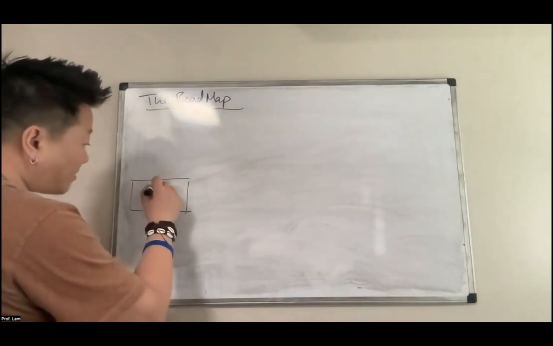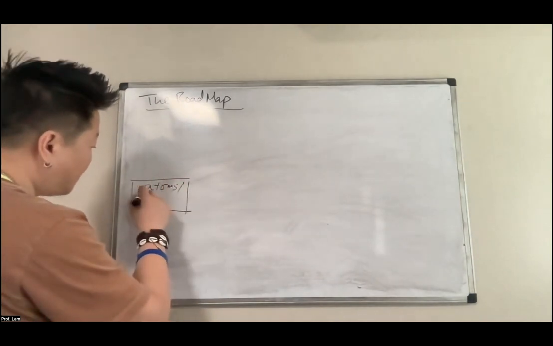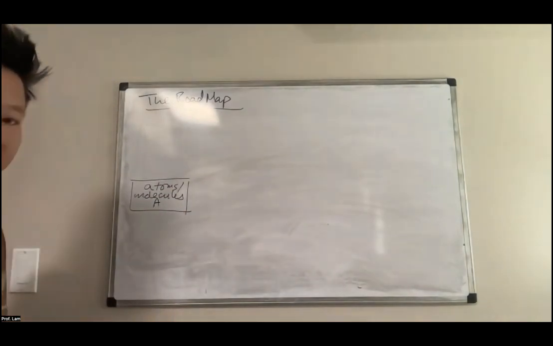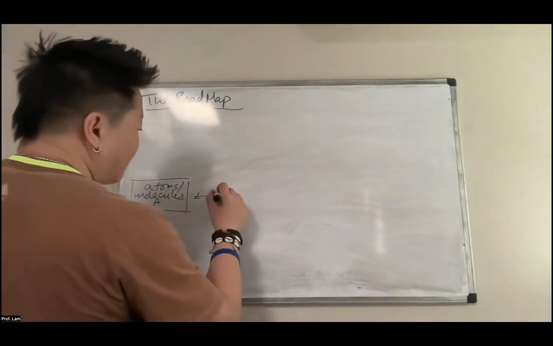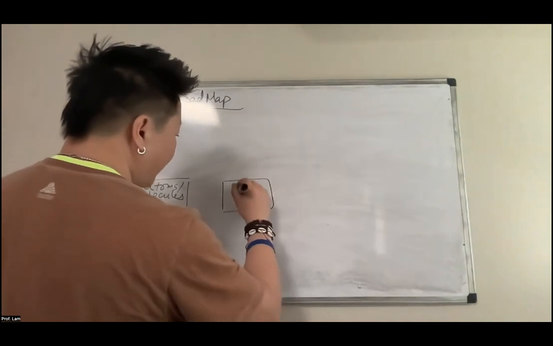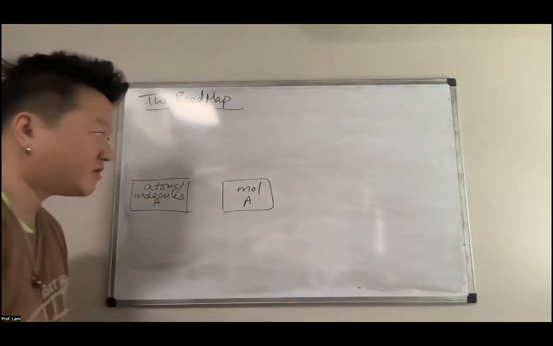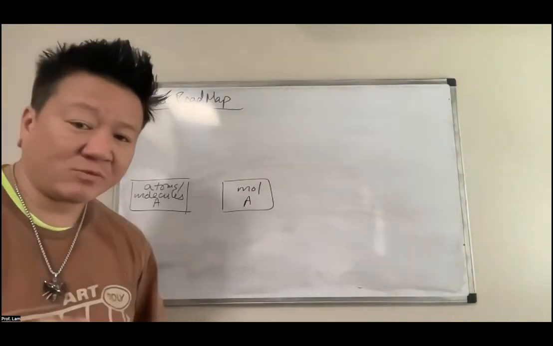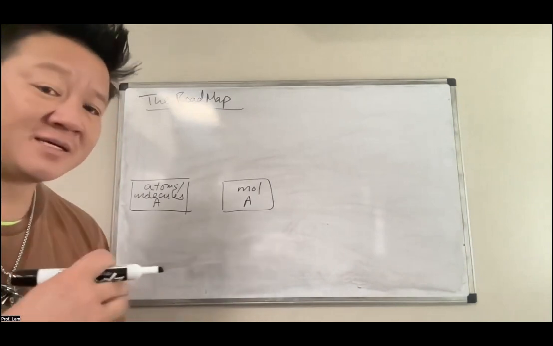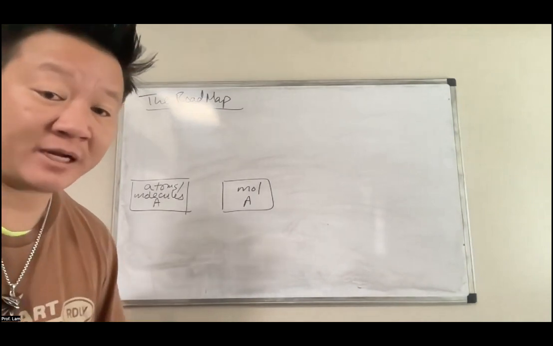So oftentimes we start at atoms and molecules of A, right? And we'll convert to moles of A. Now, we just learned about the mole, right? The reason why mole is a unit that's used in chemistry is because it quantifies an amount, right?